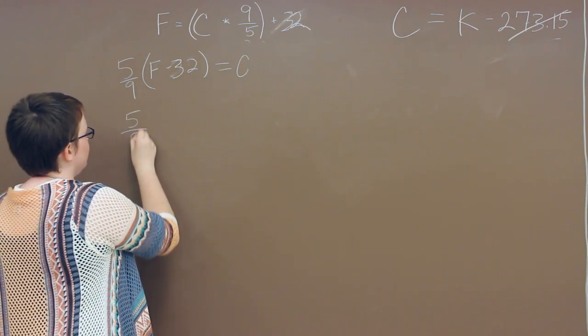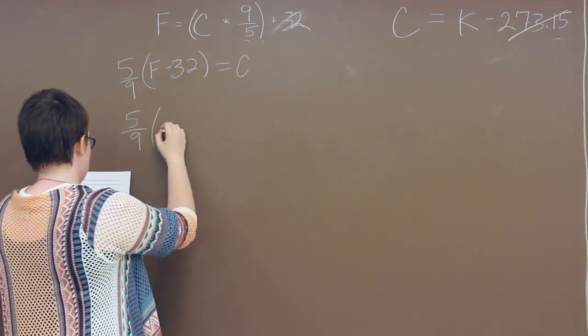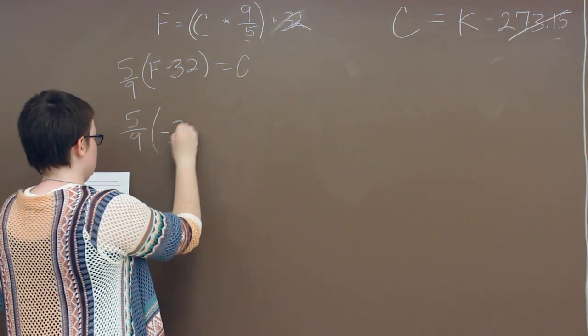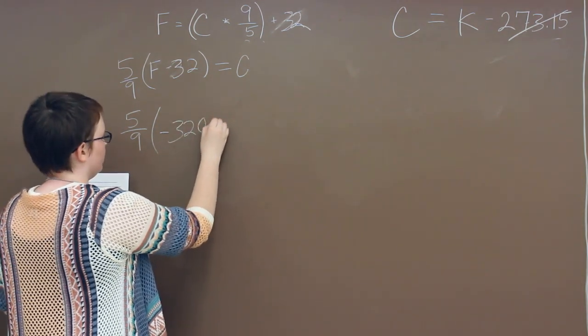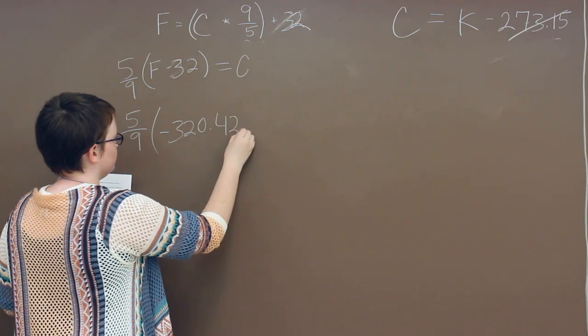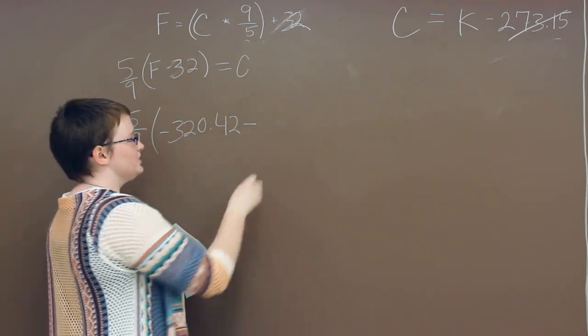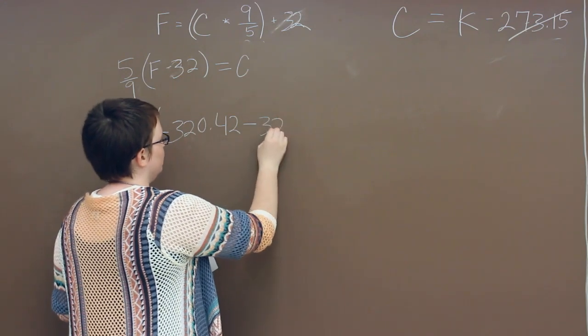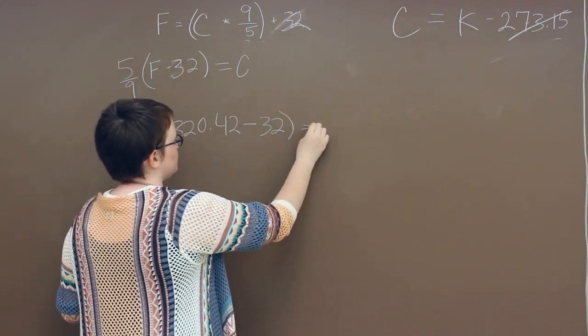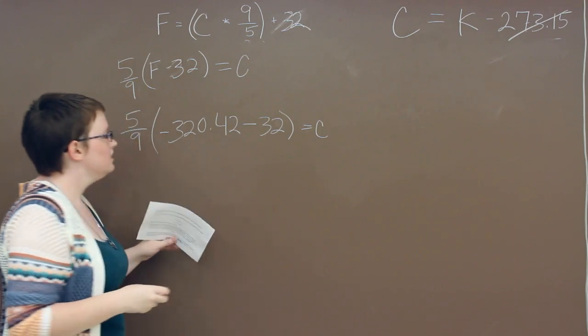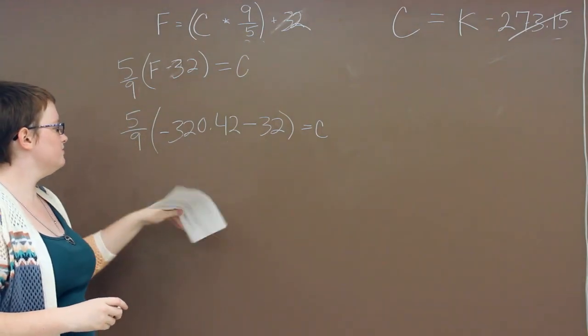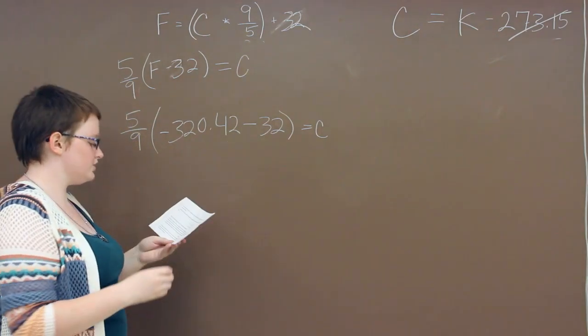So 5/9 times negative 320.42 and then we have to subtract 32 degrees is going to be our temperature in Celsius. So first we'll subtract 32 from negative 320.42.